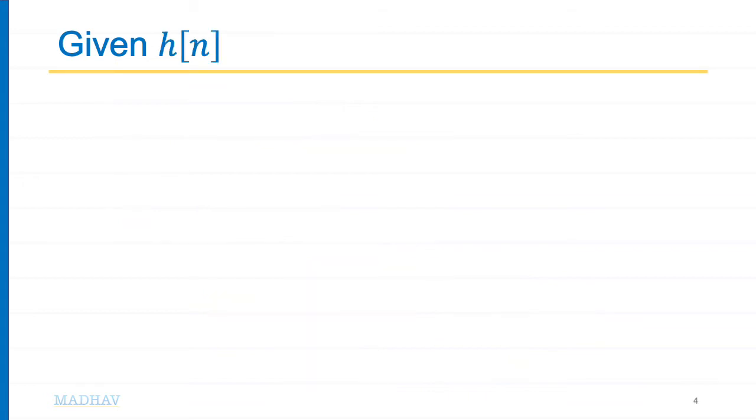Now if we are not given an LCCDE but an impulse response h[n], how do I calculate the transfer function?